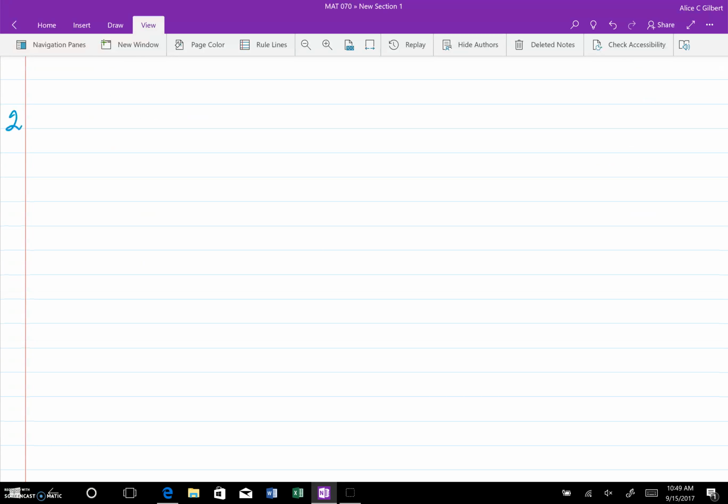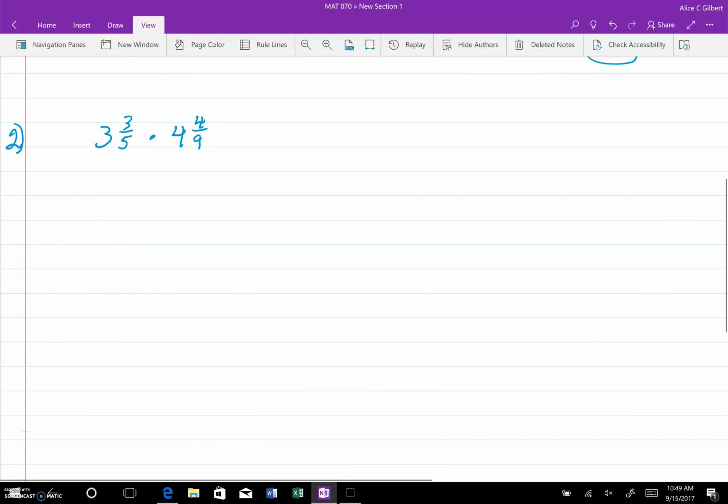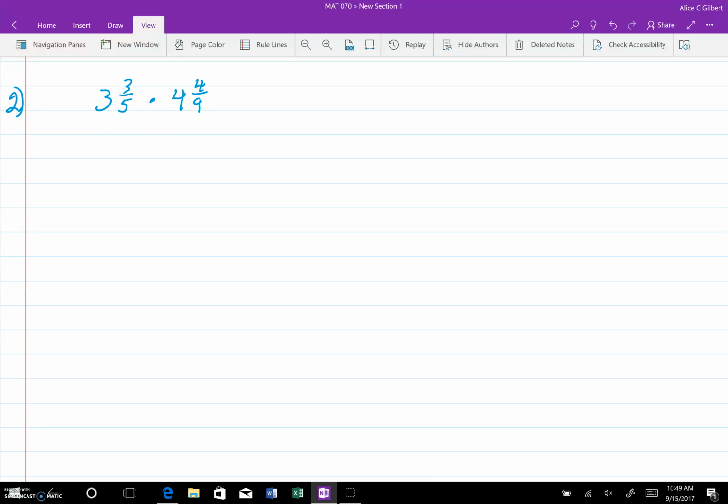Okay, let's do our second example. 3 3/5 times 4 4/9. Again, 3 times 5 is 15, plus 3 is 18 fifths, because I always keep the denominator. 4 times 9 is 36, plus 4 is 40, and 9 is my denominator.